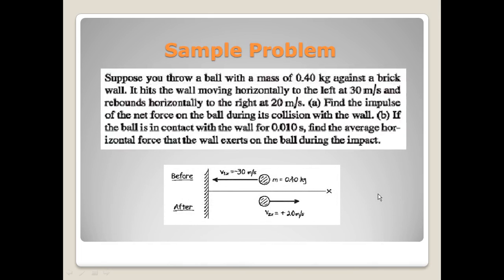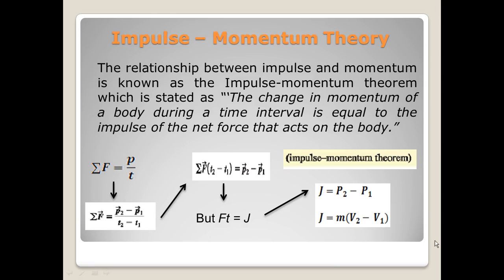What is presented in the given problem is the mass of the ball, 0.4 kilograms. So definitely we could make use of the impulse-momentum theorem to get the momentum, since we are given the mass of the ball. What we need is simply the mass of the ball and the difference between the velocities.